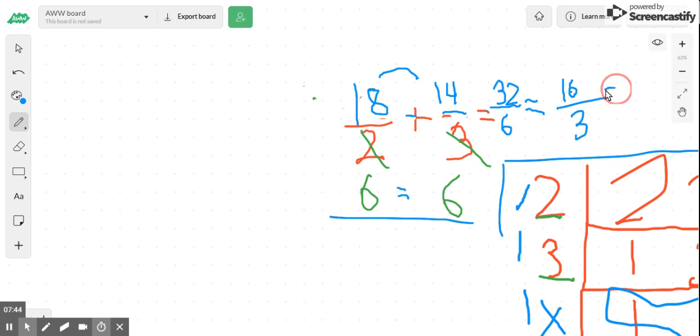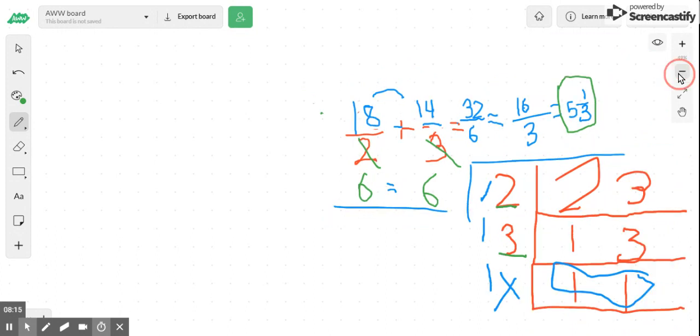Since this is an improper fraction, we have to simplify it even more. We're going to change it into a mixed fraction, because if you leave it as an improper fraction, you'll get the answer wrong. Once we divide it, it equals 5 1 over 3. So this is our answer here.